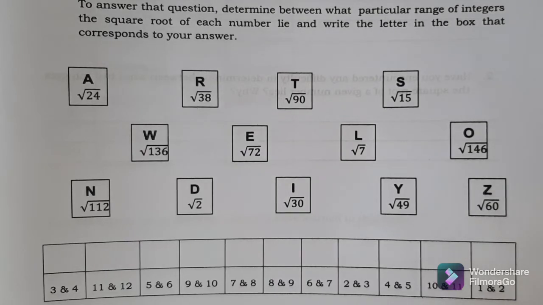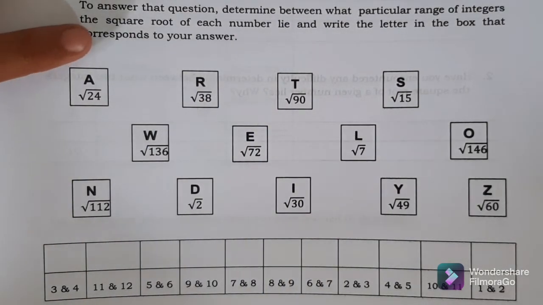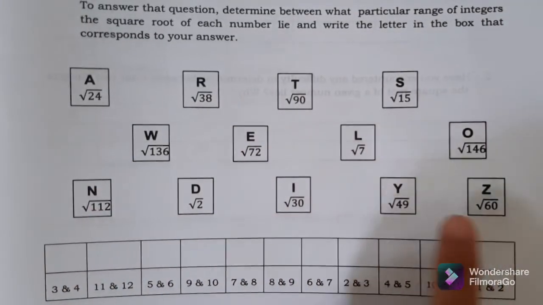Ayan, para ma-master nyo ang pagkuha ng square root and for you to determine ano nga ba yung mga consecutive perfect square na nasa pagitan nila, so I have here a simple activity for you. So as you can see, bawat box is merong corresponding na hahanapin nyo yung square root.